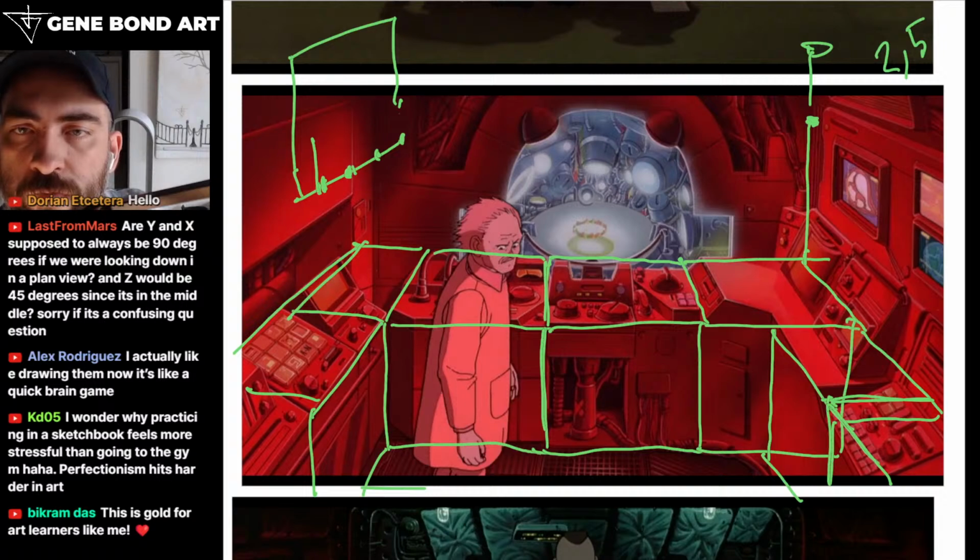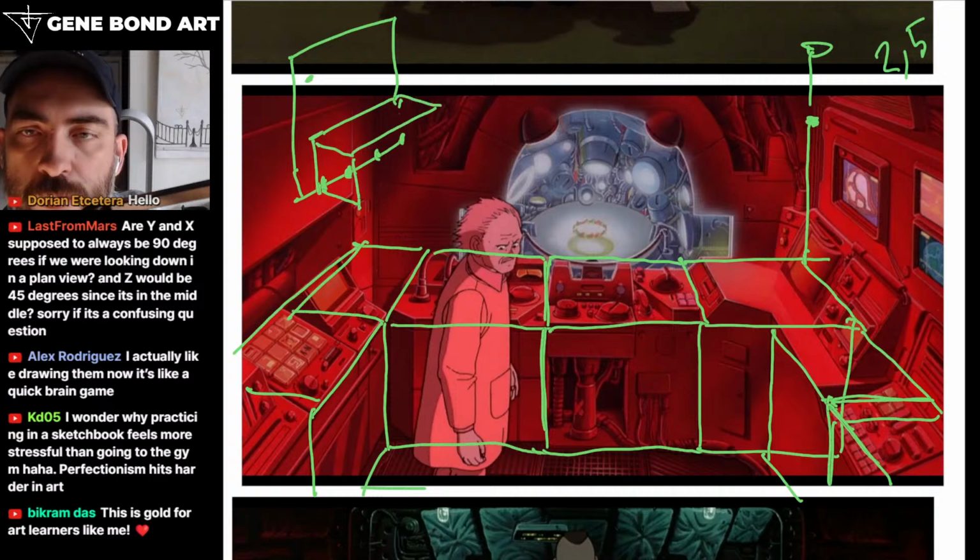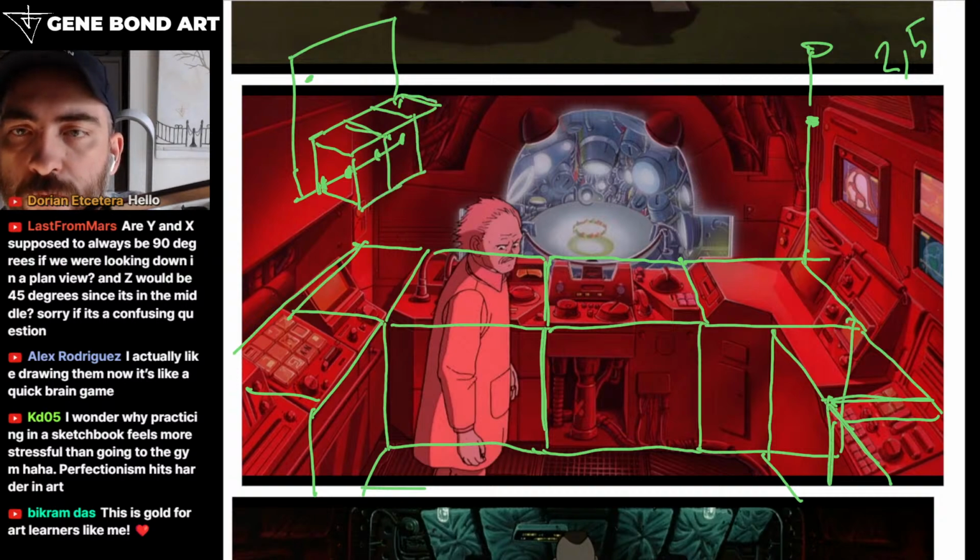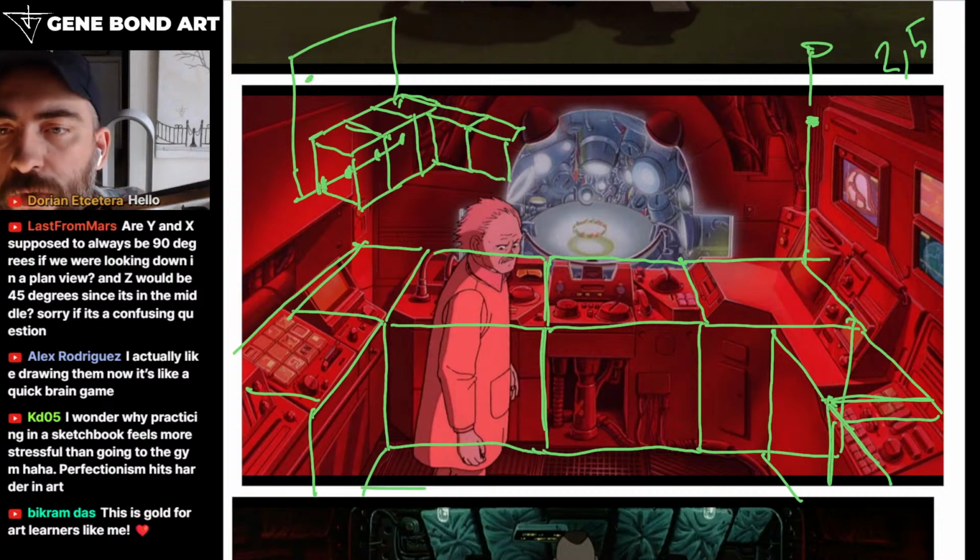So I just very easily recreate it from a different angle. So 1, 2, 3. And then here it's like half, and we go 1, 2, and then here it's this wall.